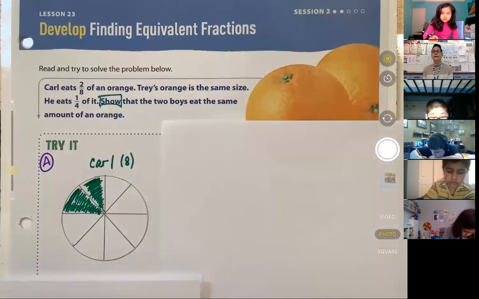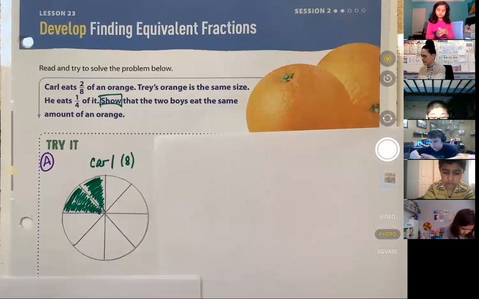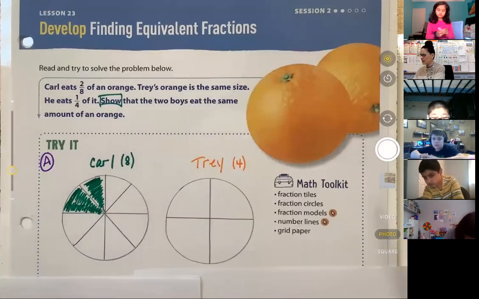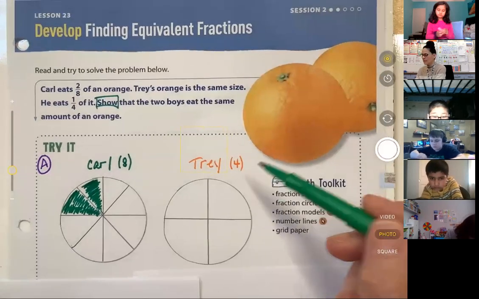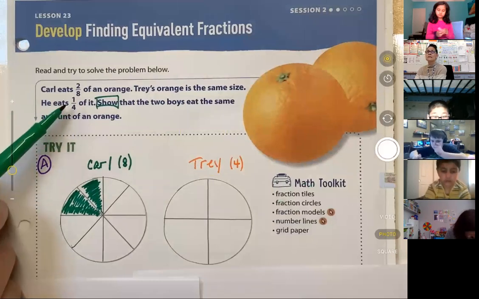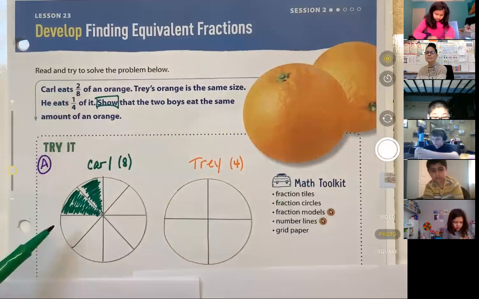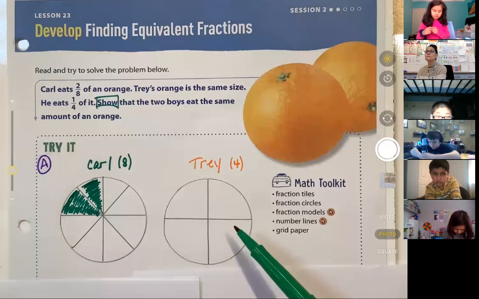But now we need to model Trey's orange. So we're going to do the exact same thing, but this time we're going to do it into 4 pieces. Why 4? Because that is what the problem tells us. So again, Carl has 8 pieces. Trey has 4.